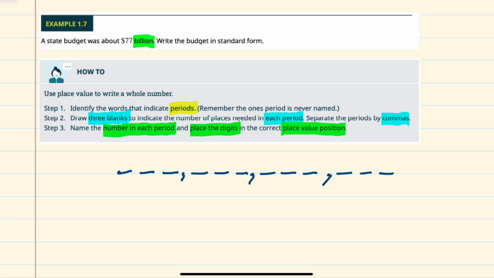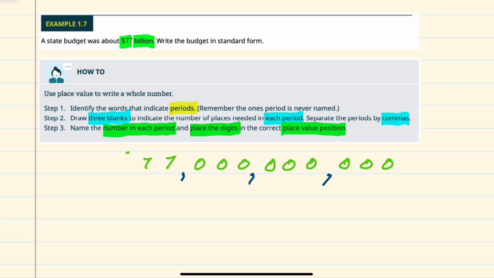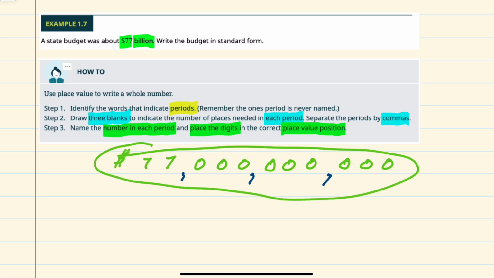Step 3 is to name the number in each period and place that in digits. This is 77 billion. So in the billions period, we would put 7, 7, and then all of the remaining periods would just be 0, since no other numbers are mentioned. And then removing the blanks, we would have this number, which is dollars, written in standard form.